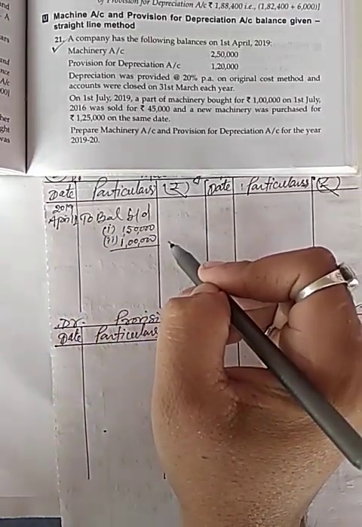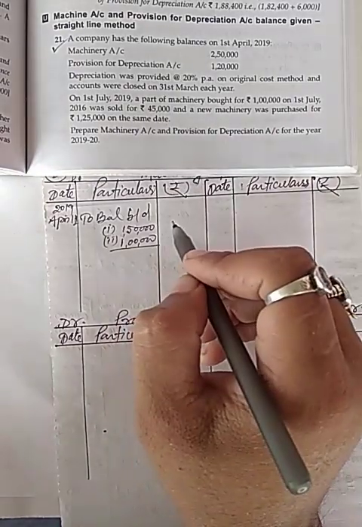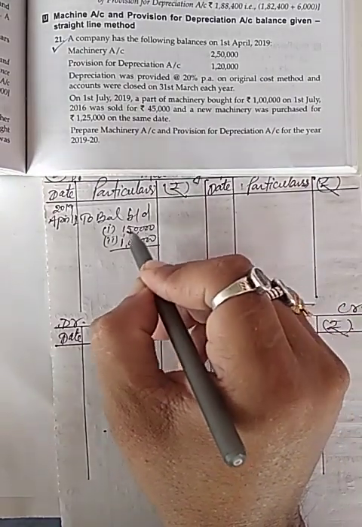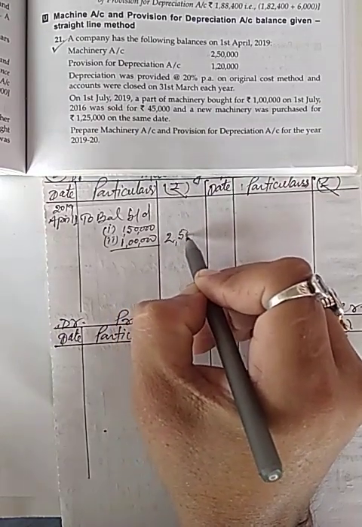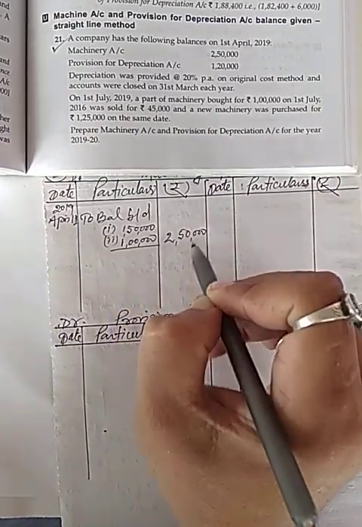Now student, we have to write in the final column 2,50,000.